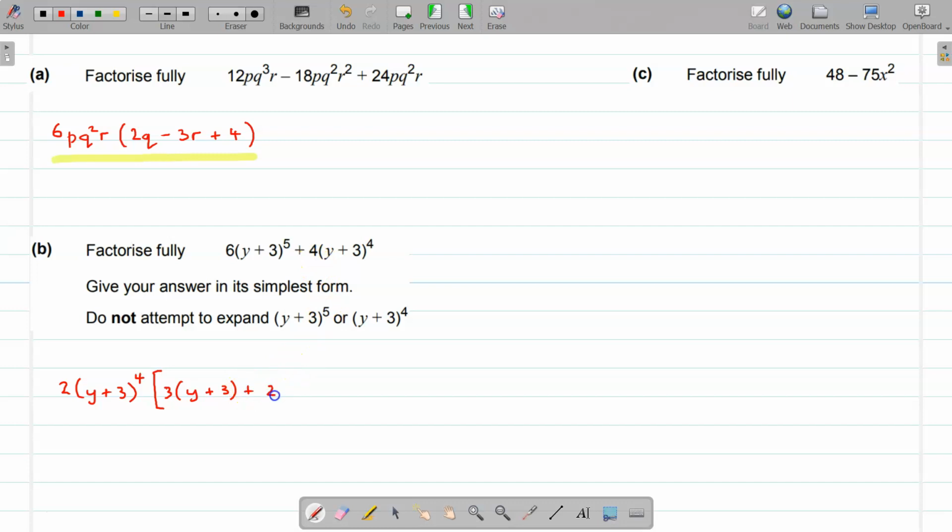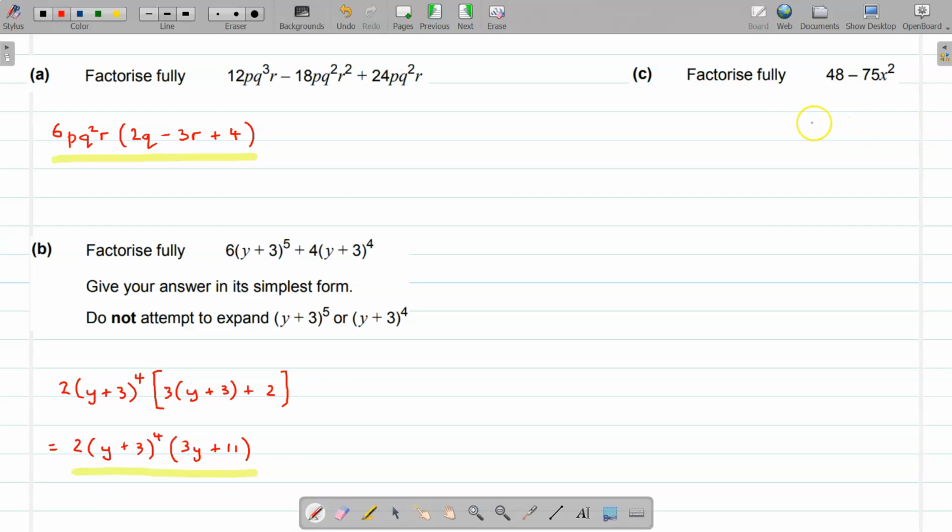So that just becomes a 2. And now we simplify this big square bracket, okay, and it will give me 2 lots of y plus 3 to the power 4, multiplied by, and this is going to be 3y plus 9 plus 2, which is 3y plus 11. And that's it. That's the answer, fully factorised.